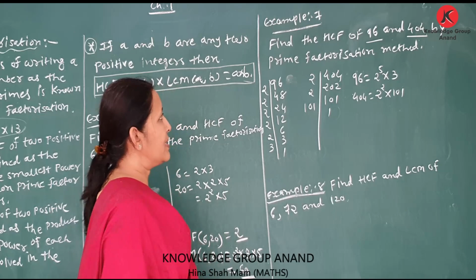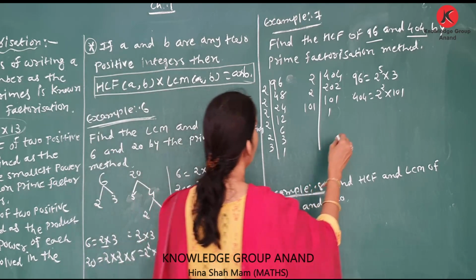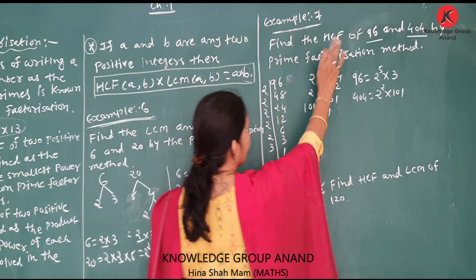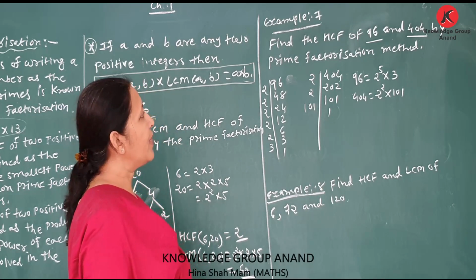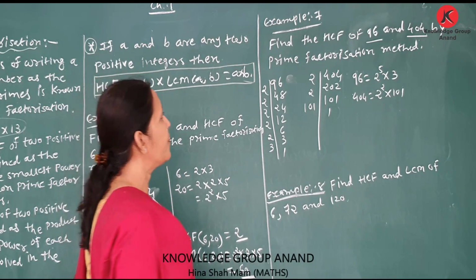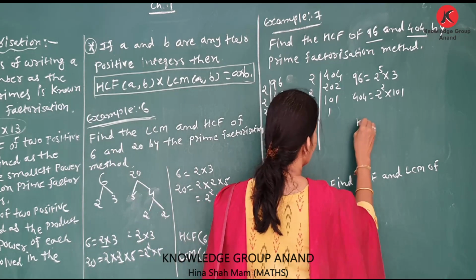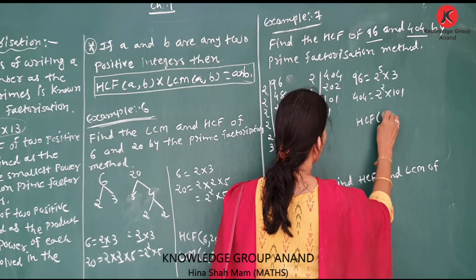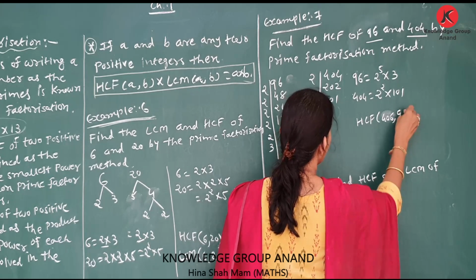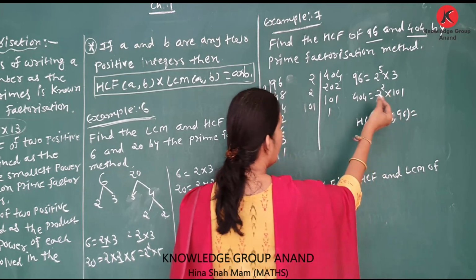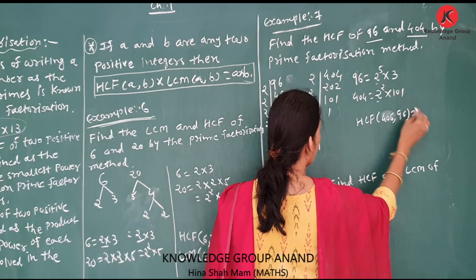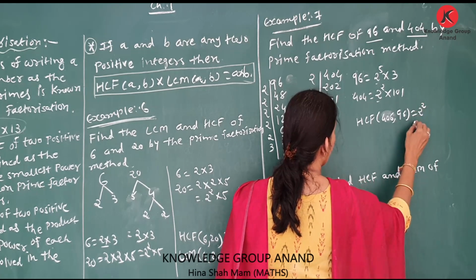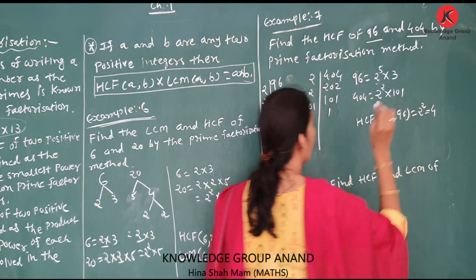Now find HCF. HCF of 96 and 404. Here, what is HCF? HCF of 404 and 96 is equal to the smallest power of 2, which is 2 square, equal to 4.